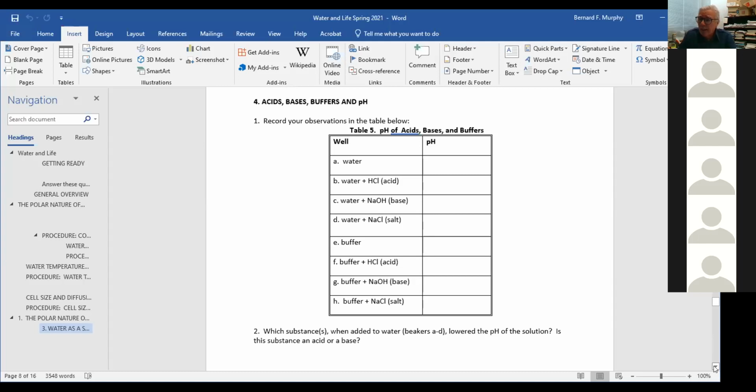If it doesn't have any hydrogen ions or hydroxide ions, it doesn't break into those. It doesn't have any effect on pH. So that's 7.0. And then again with buffer, remember you can add buffer to pure distilled water and it stays at 7.0.